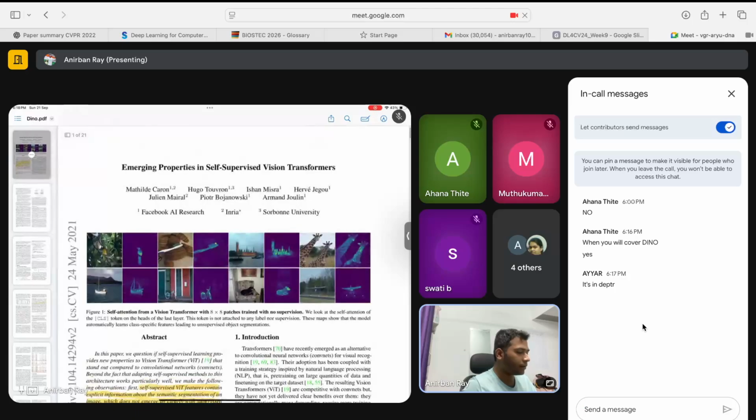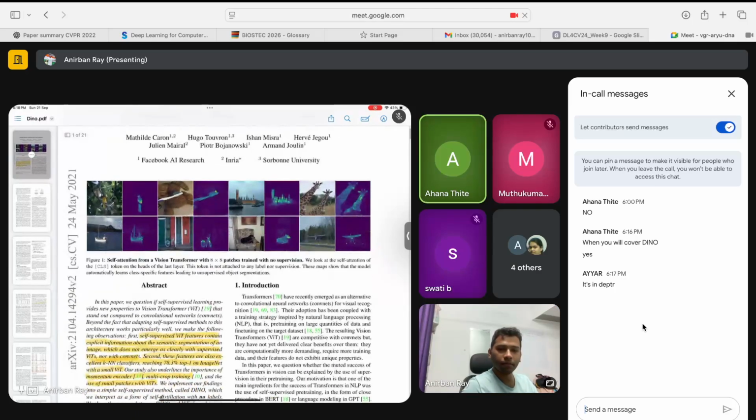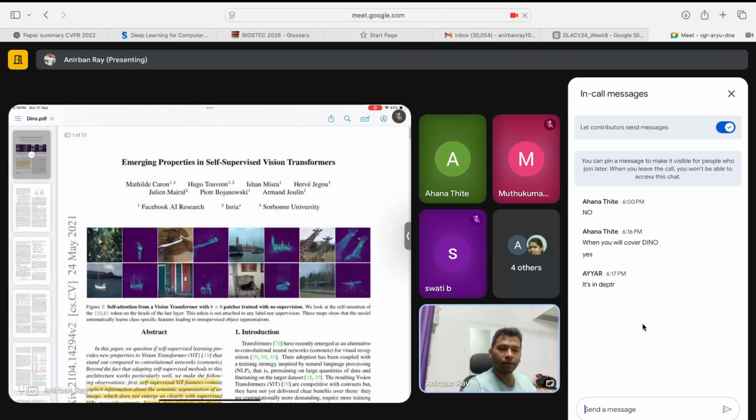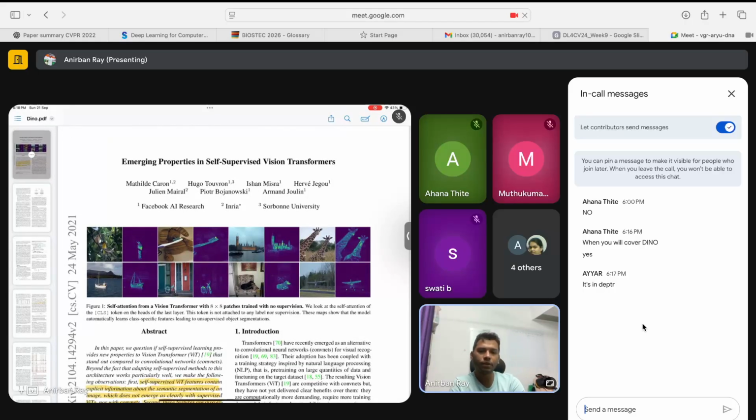So this is the original paper from Facebook. That's what I opened. People say Dino is there, so I believe you. So what happens in Dino?